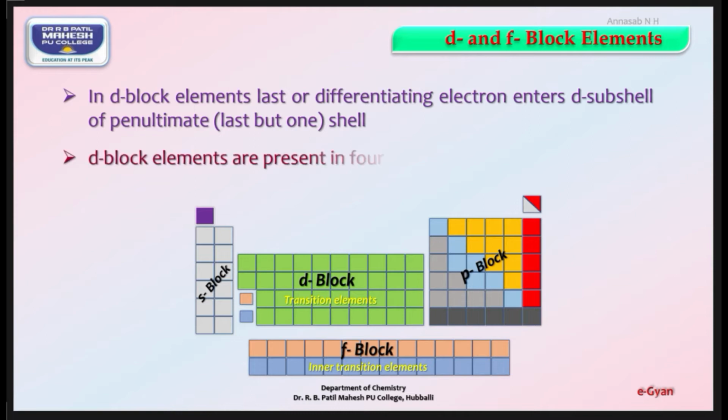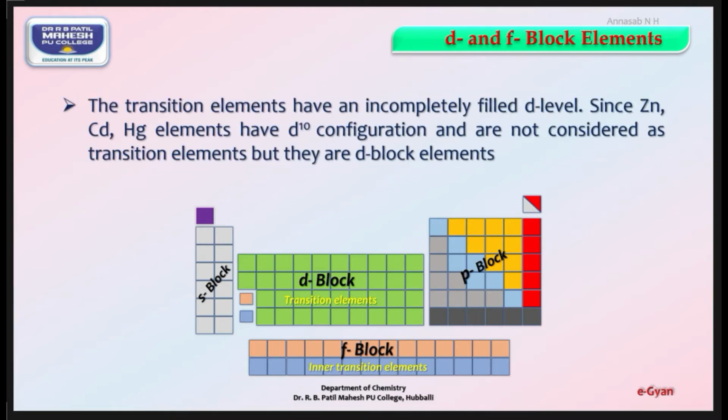The D block elements are present in 4 series: 3D, 4D, 5D and 6D. So the first row we can call it as 3D, next 4D, 5D, and this is the 6D. Moving further, the transition elements have an incompletely filled D level.